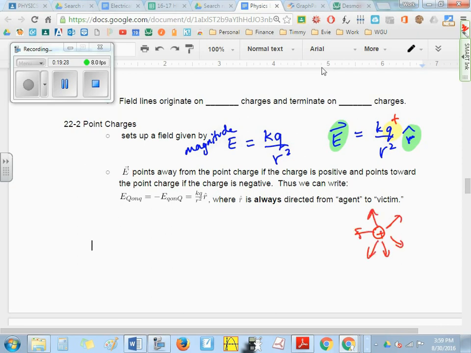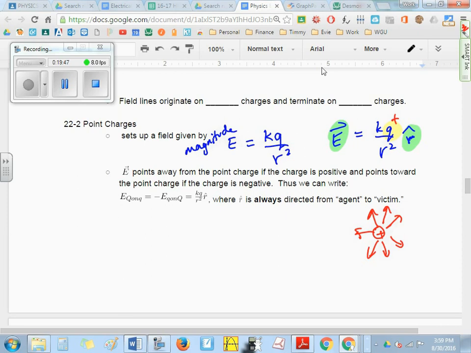We would want the field lines to point radially away from the point charge, right? So when Q is positive, we want r hat to point outward, right? And when Q is negative, we want r hat to point inward.